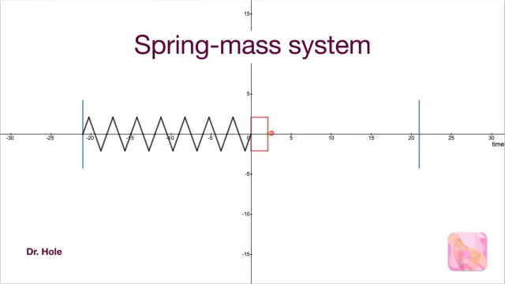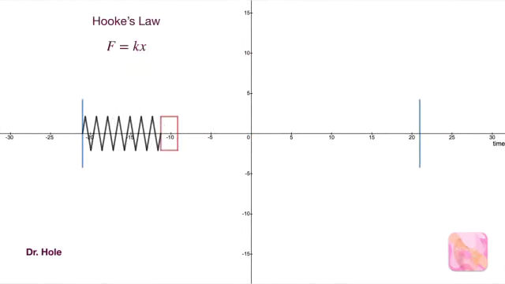The point is that as we move more and more to the right, the more and more the spring wants to bring the mass back to the left, the harder it is to move the mass further to the right. So this is the notion of Hooke's law. Hooke's law is the statement that the force required to displace a mass from equilibrium is proportional to the distance of displacement.